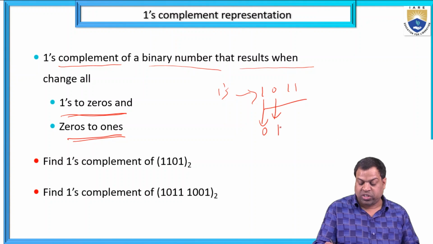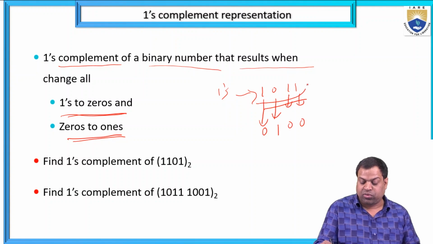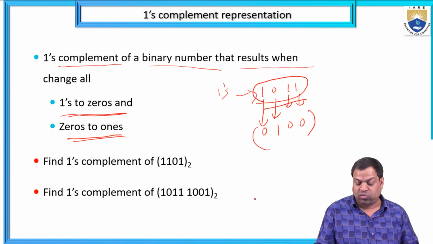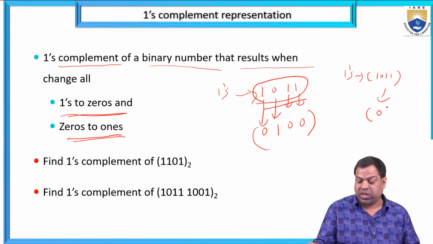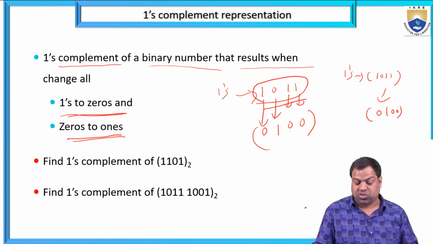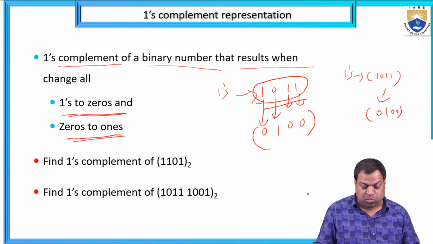Here 0 converts to 1. Here input is 1, convert to 0. Input is 1, convert to 0. So the 1's complement of 1011 is 0100. It is one example of complement.